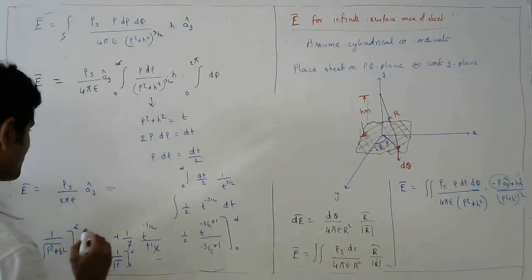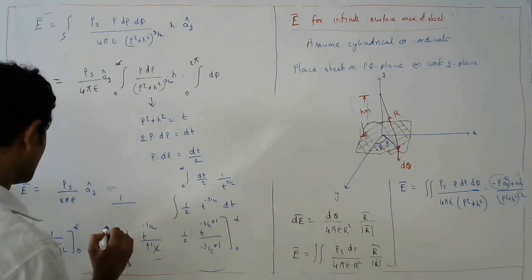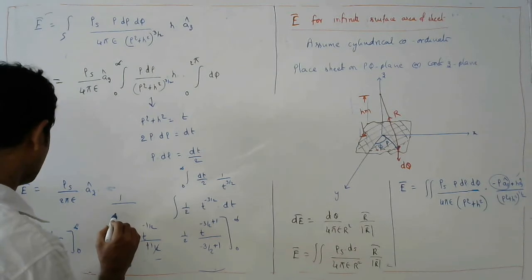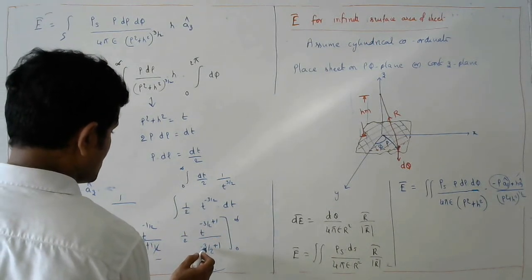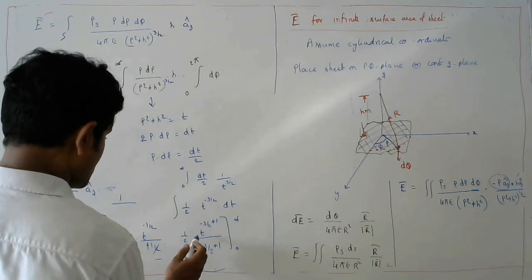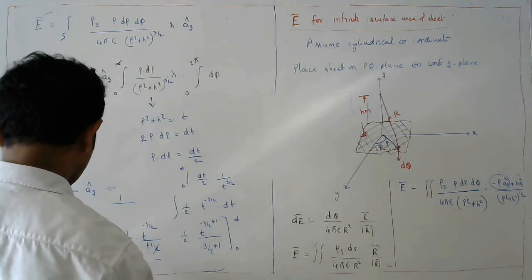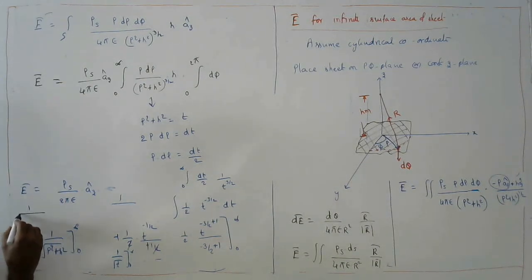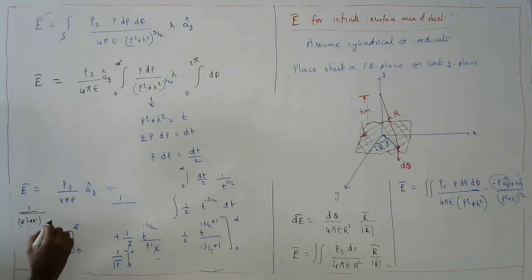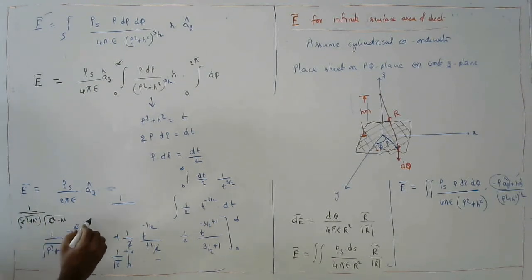At infinity, 1 by root of infinity square plus h square is nothing but 0.